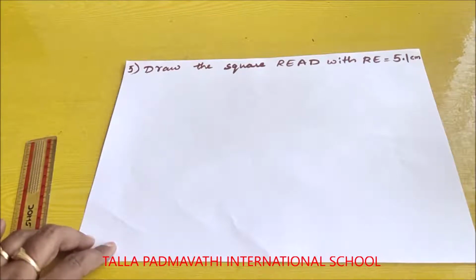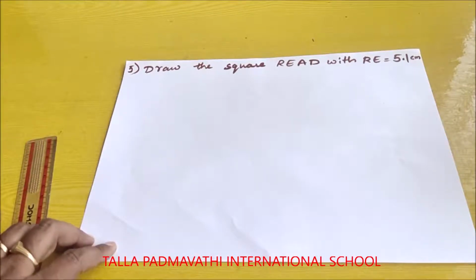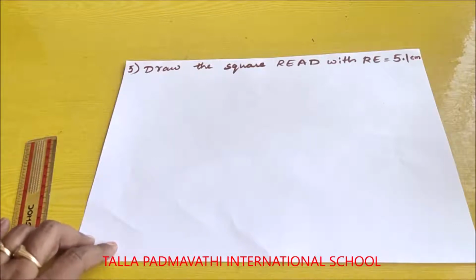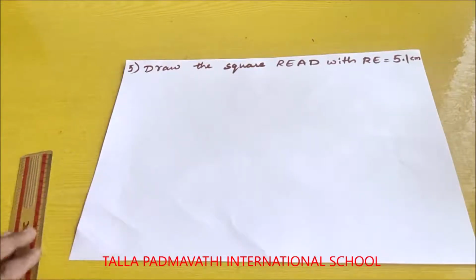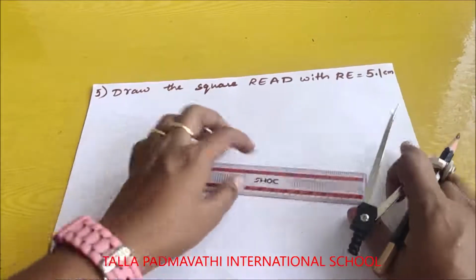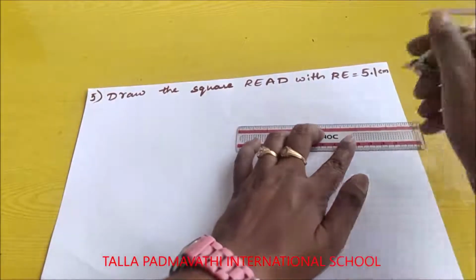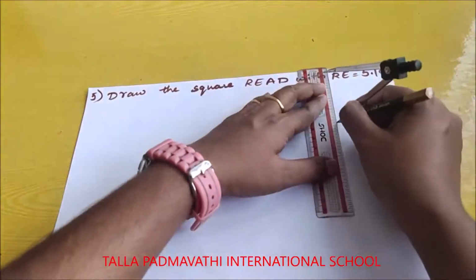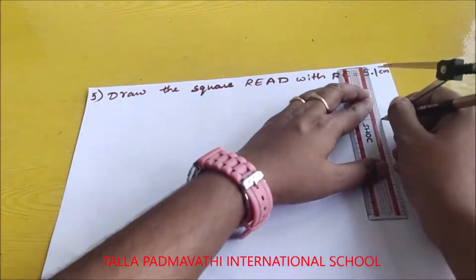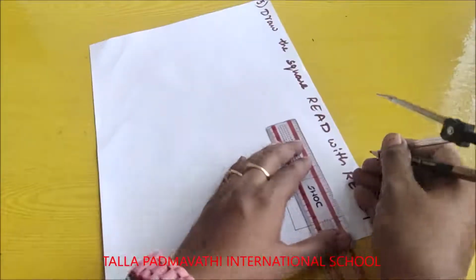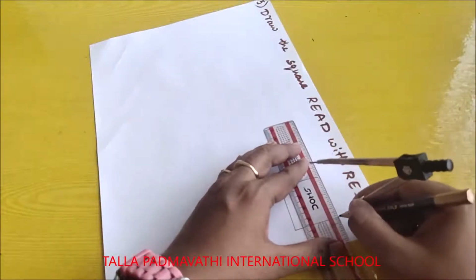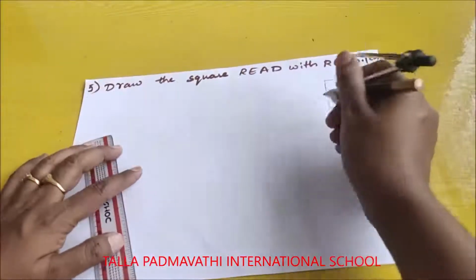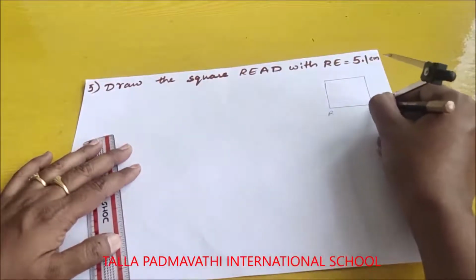That means you know the properties of square. In the square, all the sides will be equal and each angle is equals to 90 degrees. So first we are going to construct a rough one, this is a square READ.